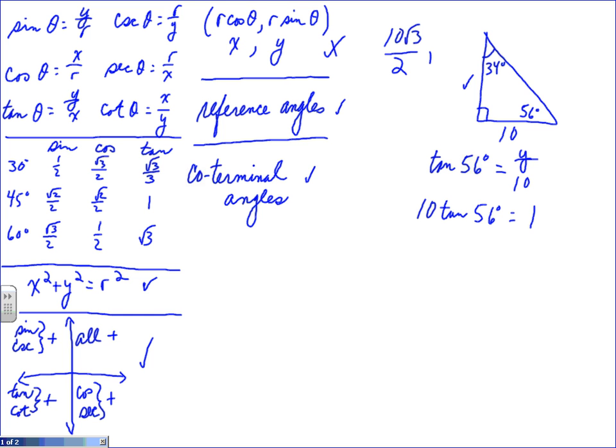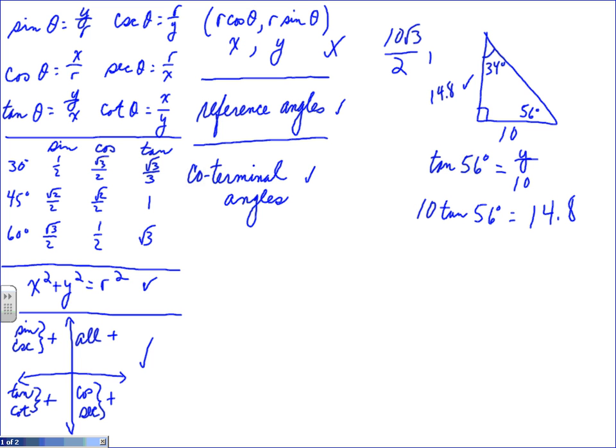And we will get 14.8. And that's what this side is. And now I can use Pythagorean theorem to find the third side. I could use cosine, I could use sine to find the hypotenuse, whatever you want to do there. Okay?